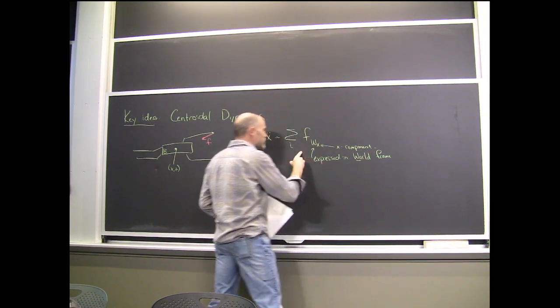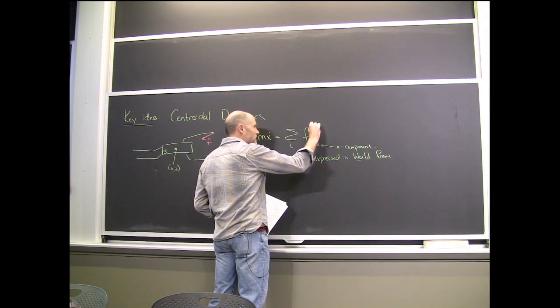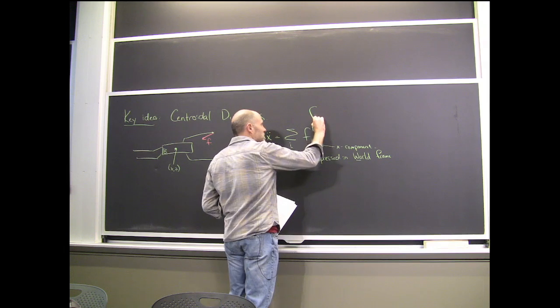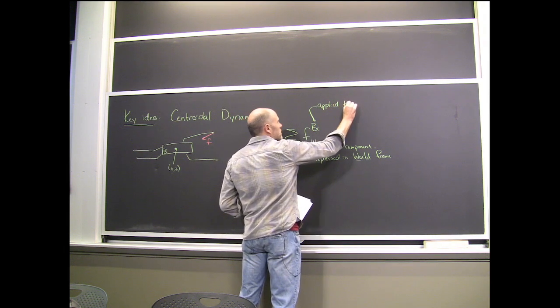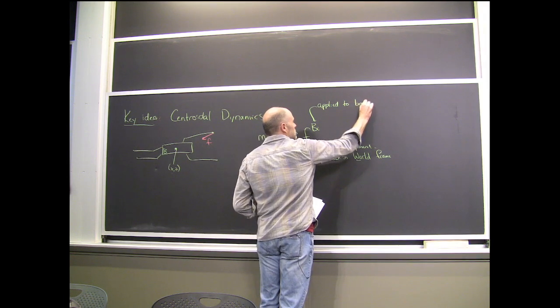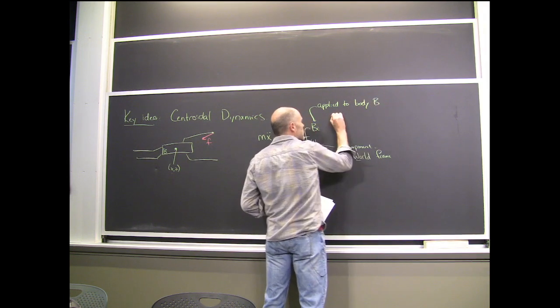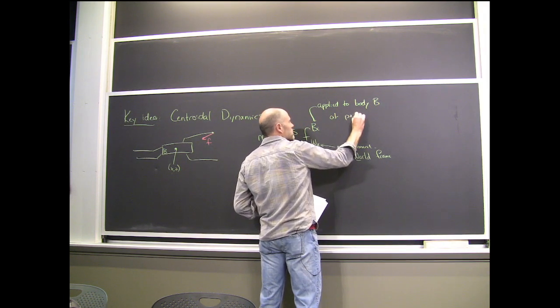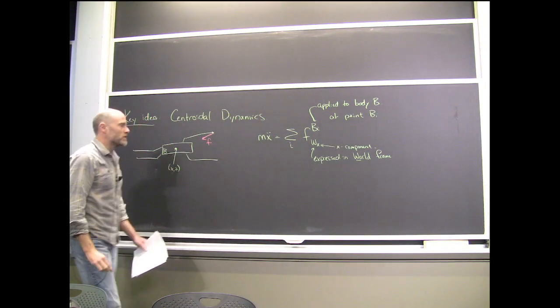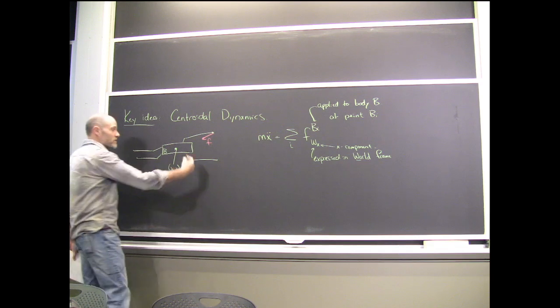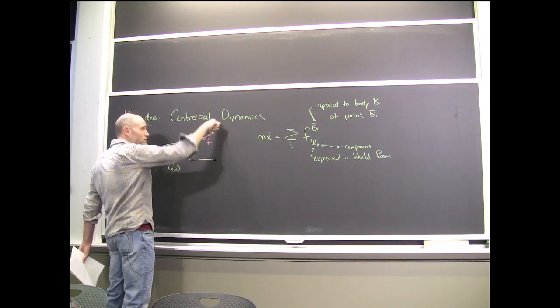And I can have many forces. This is one that's going to be applied to body B at point BI. But the main thing is I just take the x component of all the forces that are being applied.